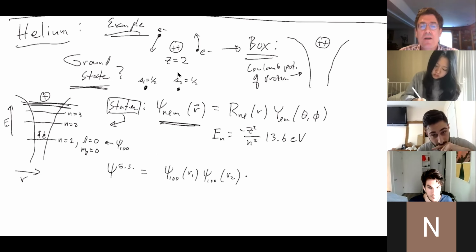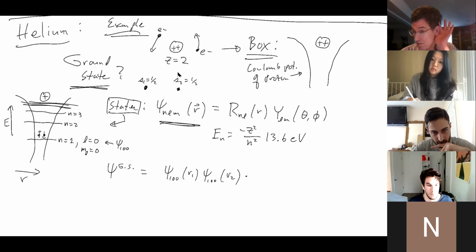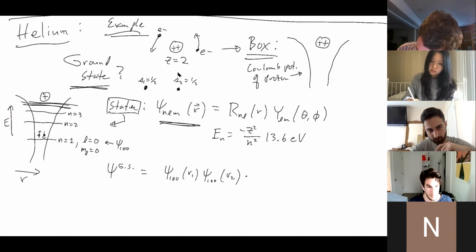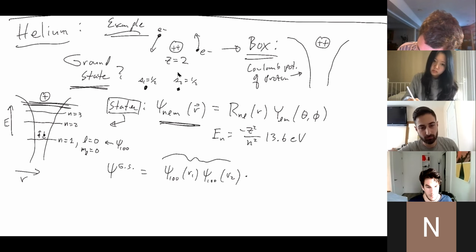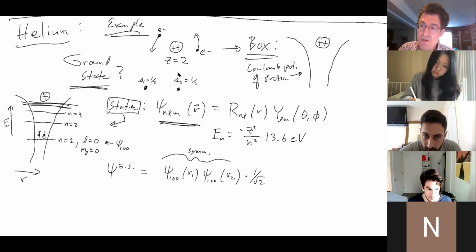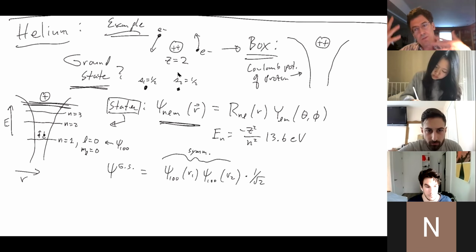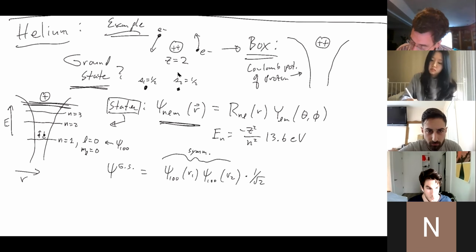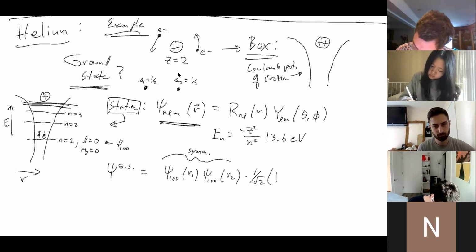What is the spin state of helium in the ground state? The singlet, right? Has to be, because the spatial part is symmetric under particle exchange. In order to make the whole thing antisymmetric, I need the spin part to be antisymmetric. Hence I know it has to be the singlet, because that's the antisymmetric one.